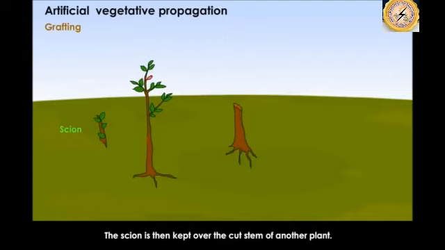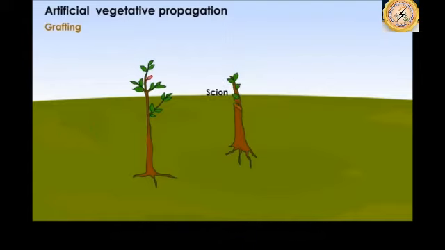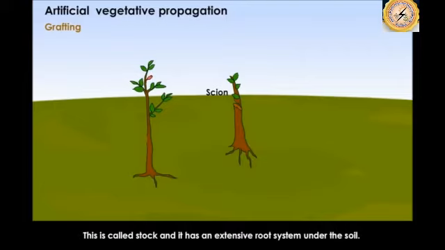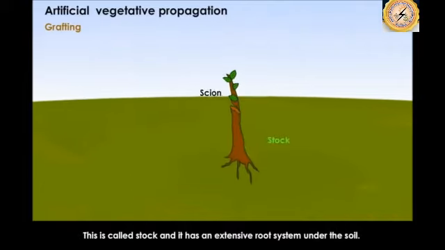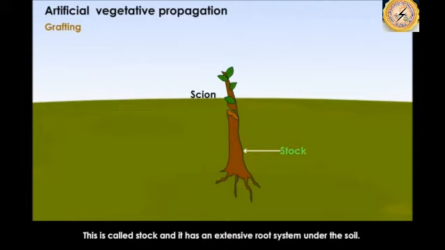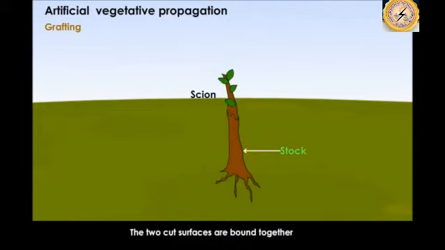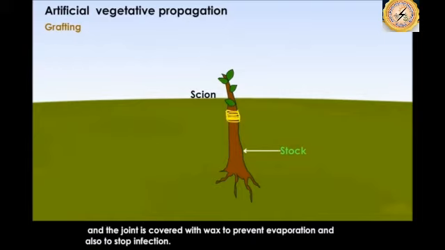And the scion is then kept over the cut stem of another plant, and that is said to be the stock, which has an extensive root system under the soil. Now the two cut surfaces are bound together and the joint is covered with wax to prevent evaporation and also to stop infection.